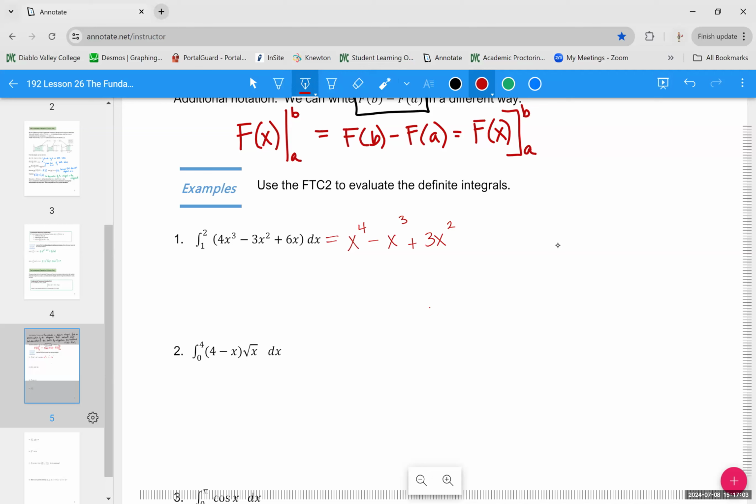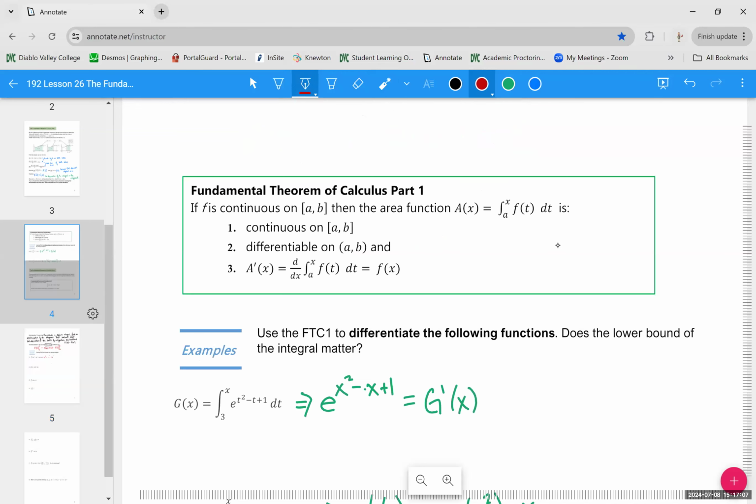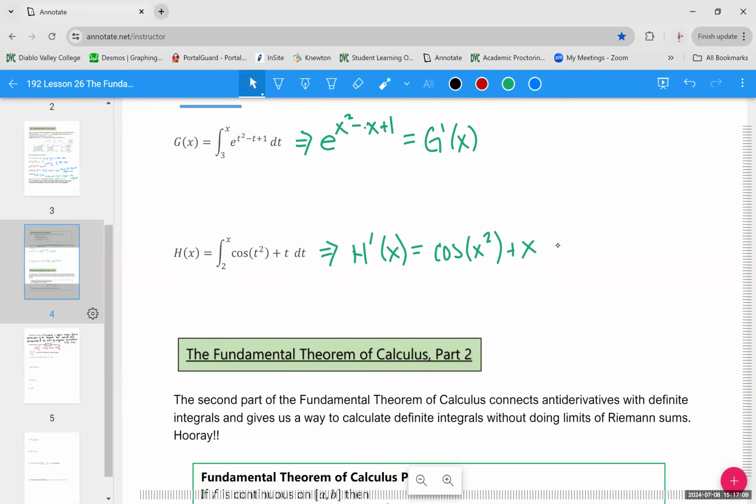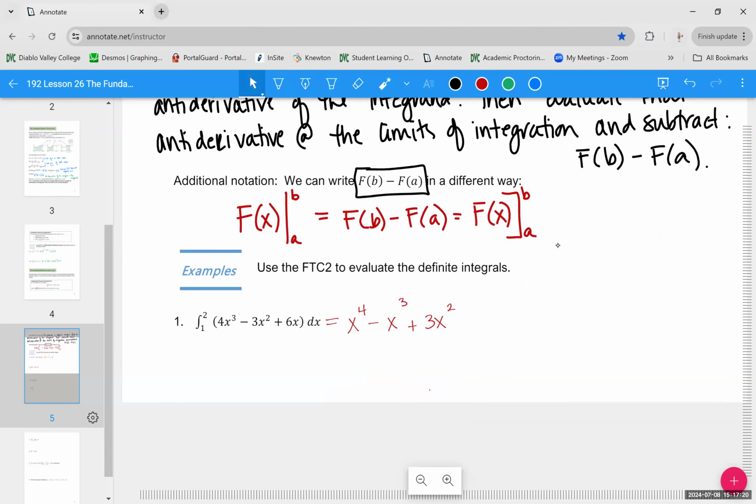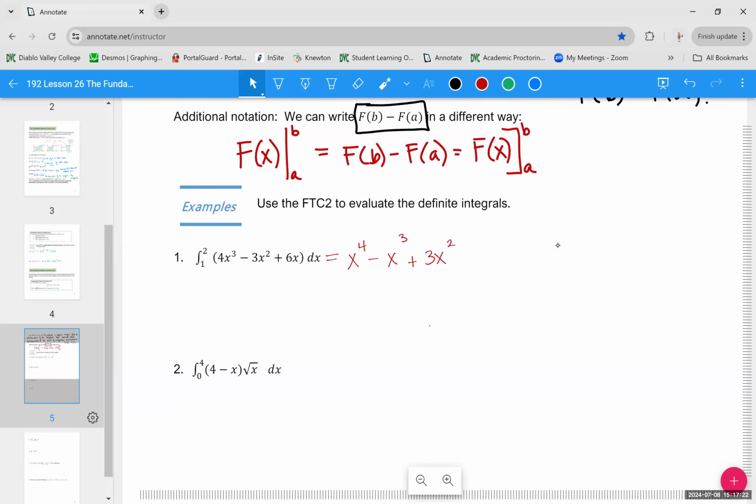Plus c, right? But if you go back to the statement of the fundamental theorem of calculus, you'll notice that it says any antiderivative. So you have a choice. You can pick whatever c you want. And the best c to pick is definitely 0. You don't need to add an extra term to your calculations.